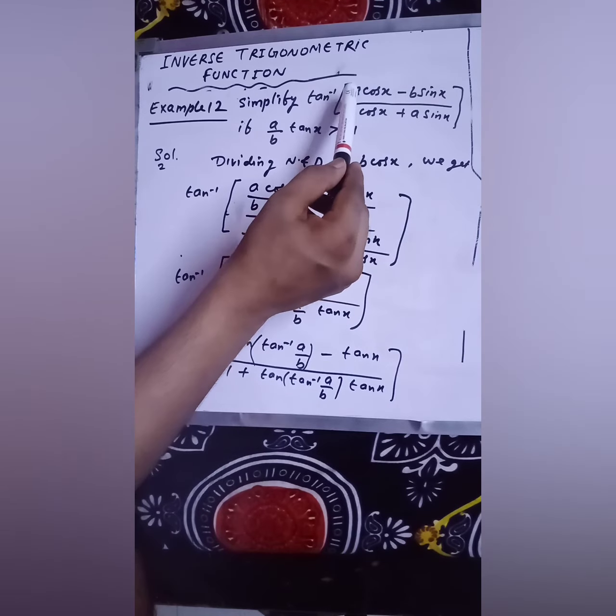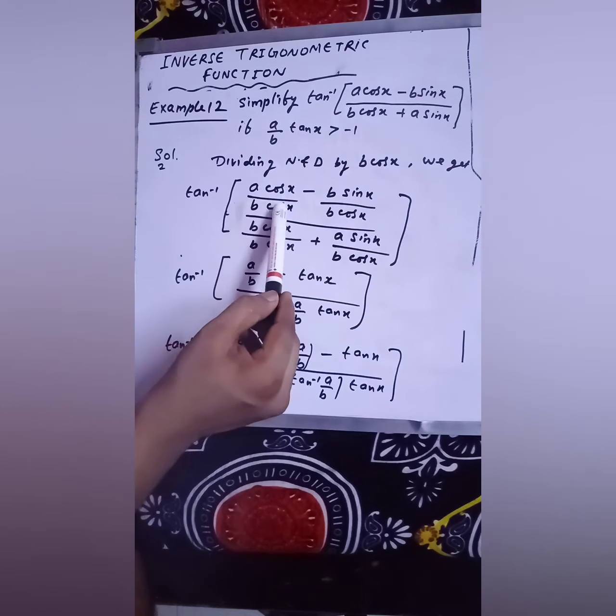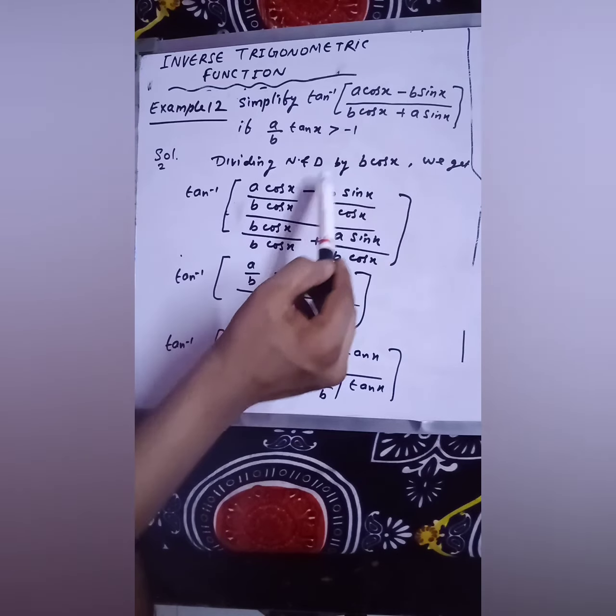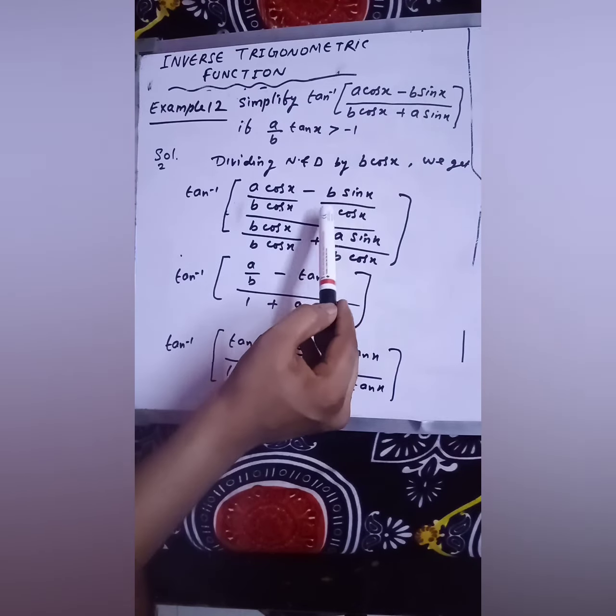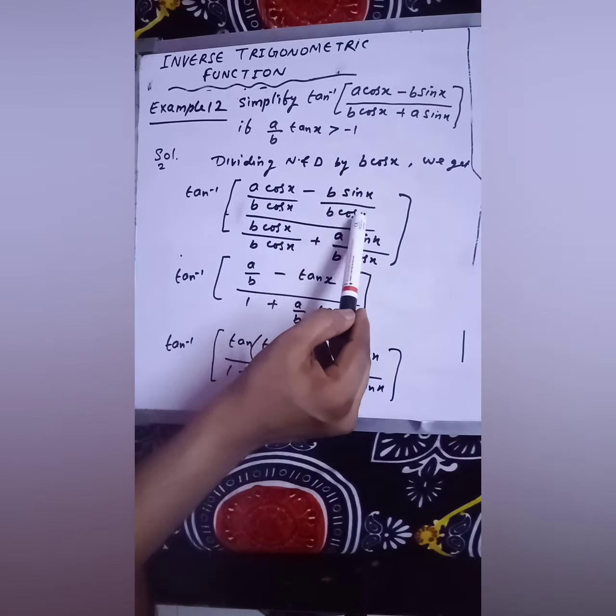So a cos x over b cos x, minus b sin x divided by b cos x, and in the denominator b cos x over b cos x plus a sin x over b cos x, and tan inverse will be outside. After this, cos and cos will cancel out.